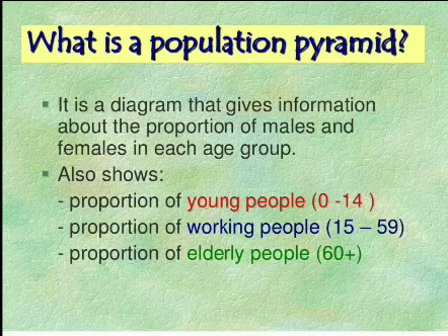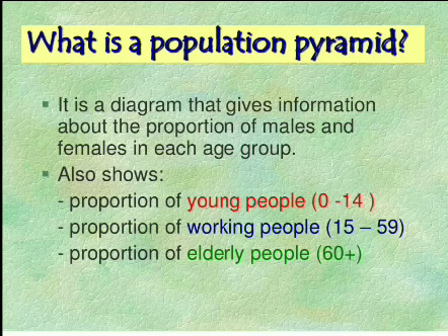So, you can see the proportion of the young people, which belongs to the age of 0 to 14. You can also see the proportion of working people, that is between 15 to 59, and the proportion of elderly people, that is above 60. If the working population, that is the population between the age 15 to 59, is more, then definitely the economic level of that country will be higher.